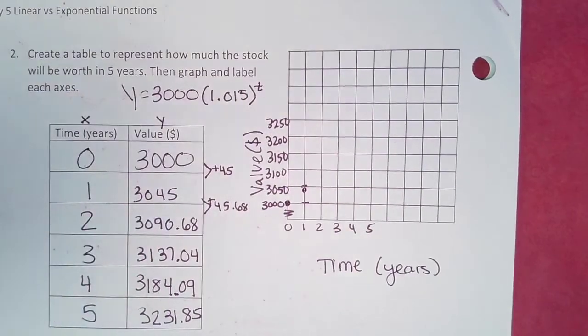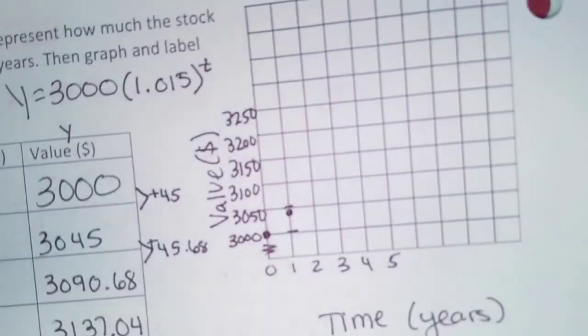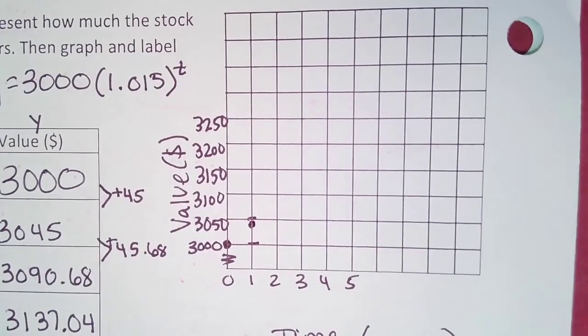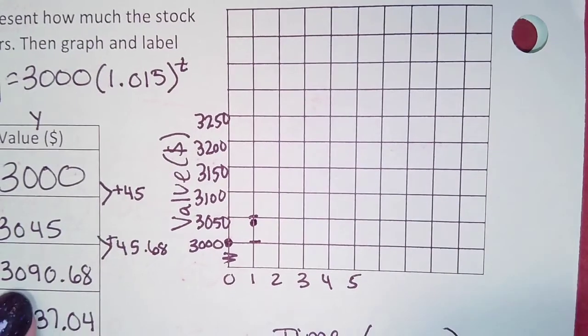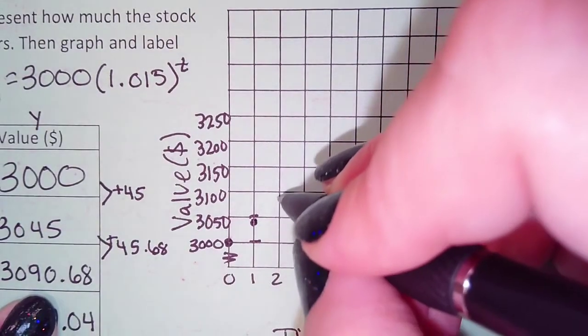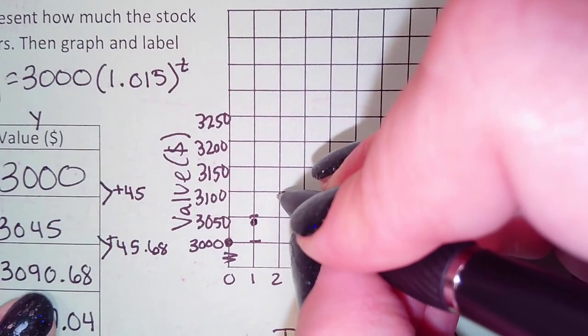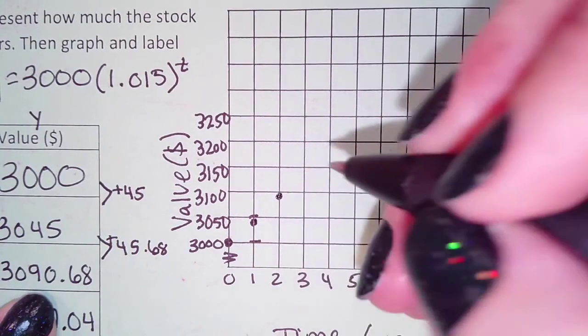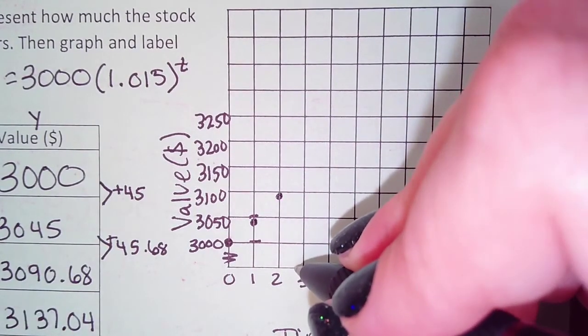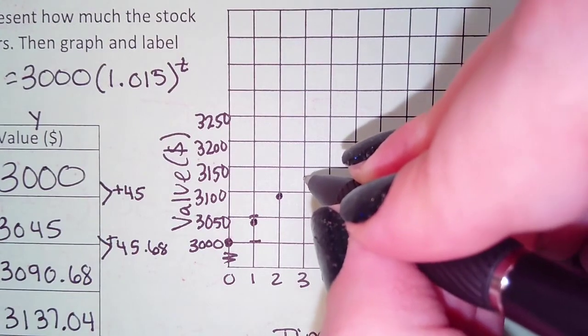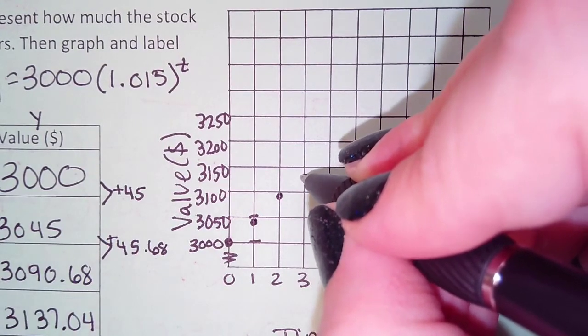I'll zoom in on my graph now. Okay, the next point is 2, 3,090. So somewhere maybe about here. 3, 3,137. Maybe about here.